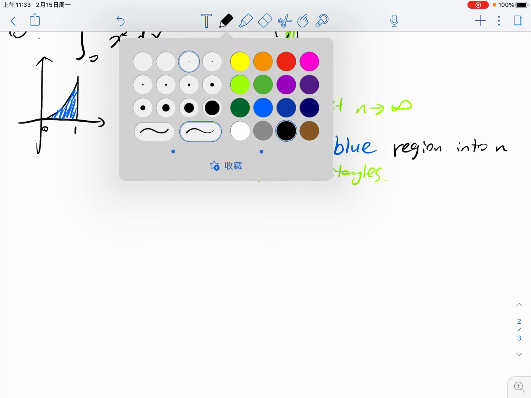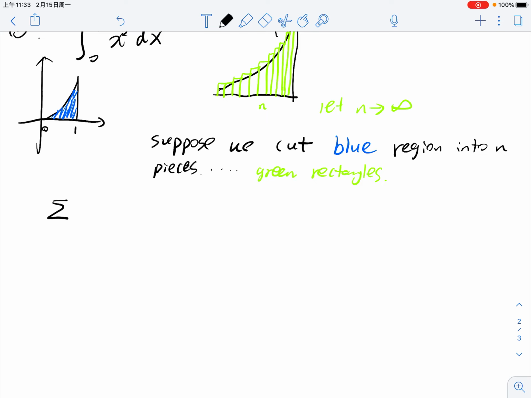And then the summation, the Riemann sum of the small rectangles, gives you the sum of (k over n) squared times 1 over n, k from 1 to n. So this is a Riemann sum.